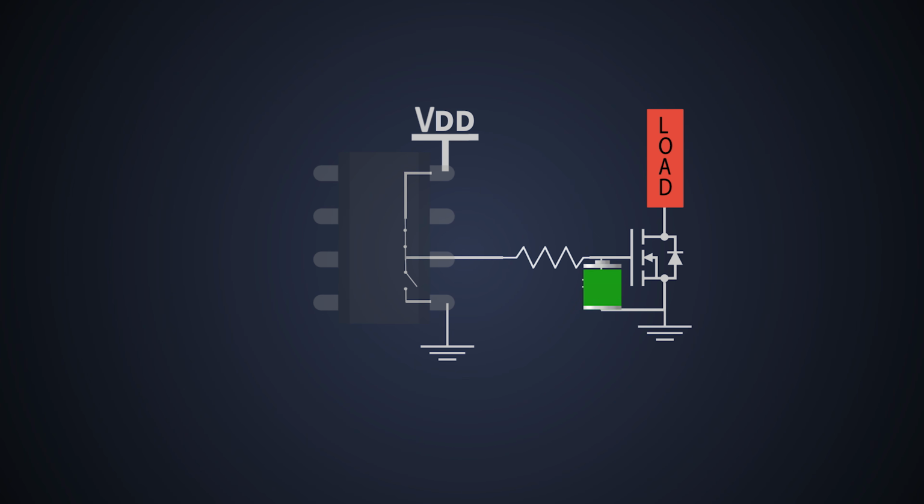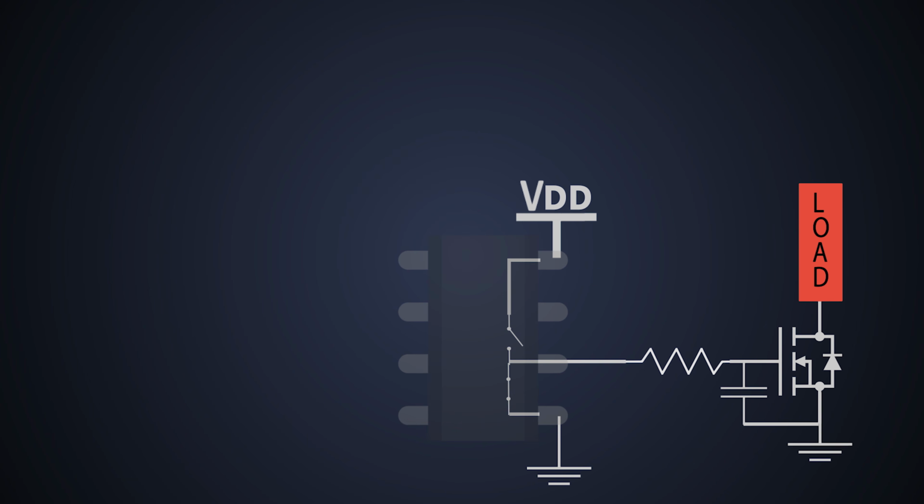Also, while turning off the MOSFET, this input capacitor should be discharged as soon as possible. So this MOSFET gate driver gives a low resistance path to discharge this capacitor. This is how a basic MOSFET gate driver helps to switch the MOSFET.